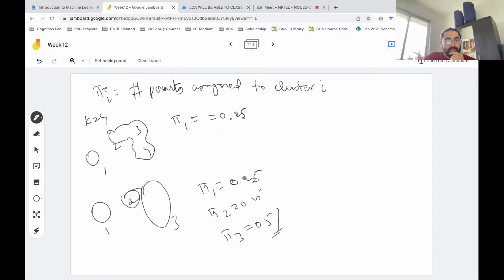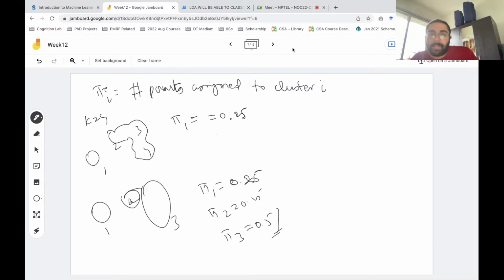So pi i is basically, we can say, area of a mountain. In some sense it is, but not the area of the mountain, rather how much of the total area this mountain is covering.